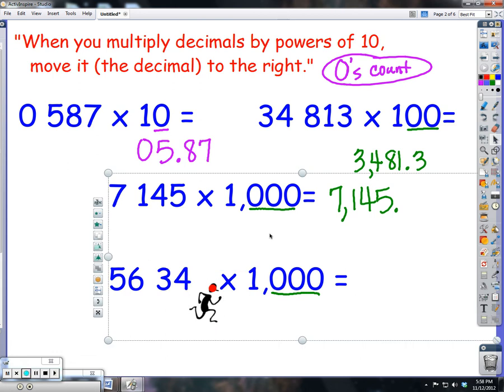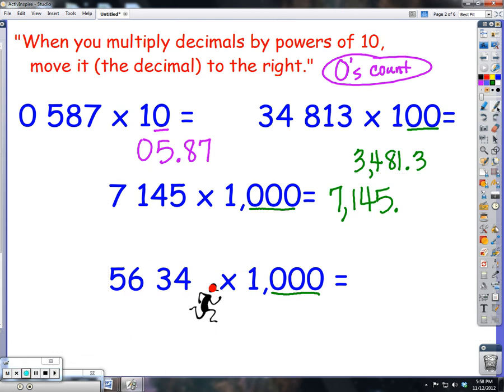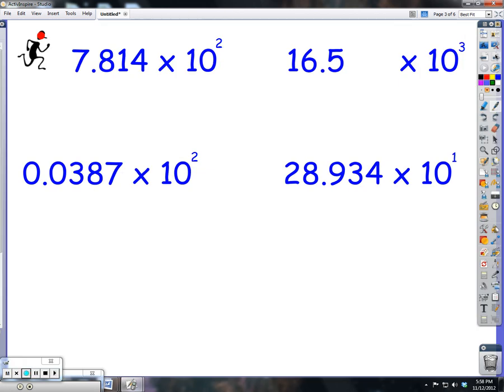Now, we can't leave this space totally empty. So what we have to do is put a 0 in this space. So the answer is going to be 56,340.